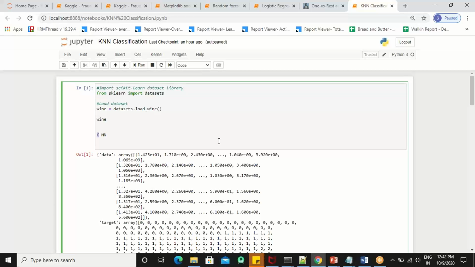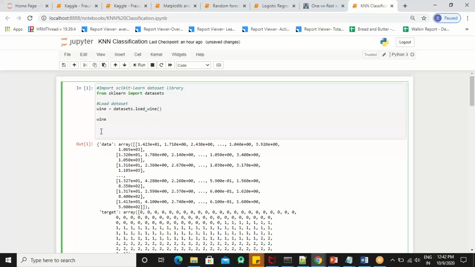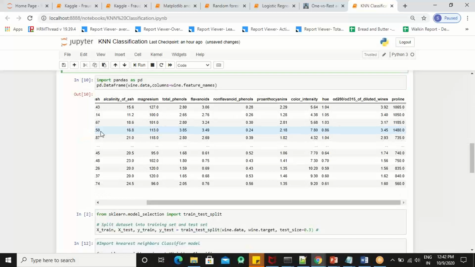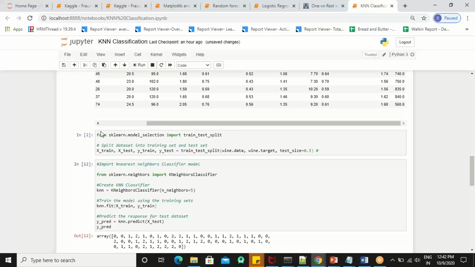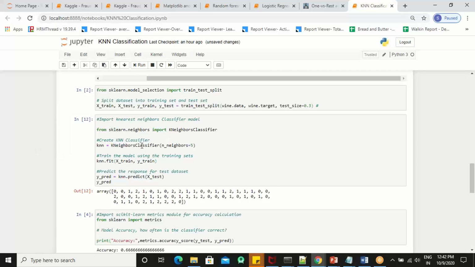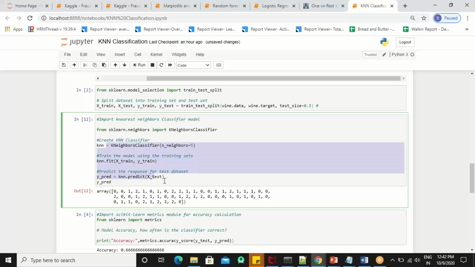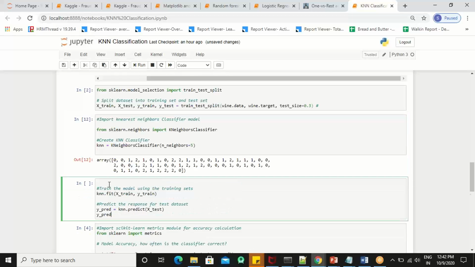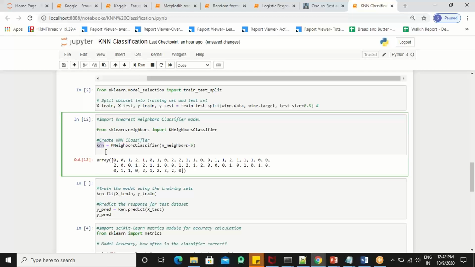K is the square root of N. Okay. Cross validation. Okay. Is there a limit on the value of K? Someone is saying square root of N. Okay. Square root of data points. Okay. Keep pinging me. I'm just showing you that.